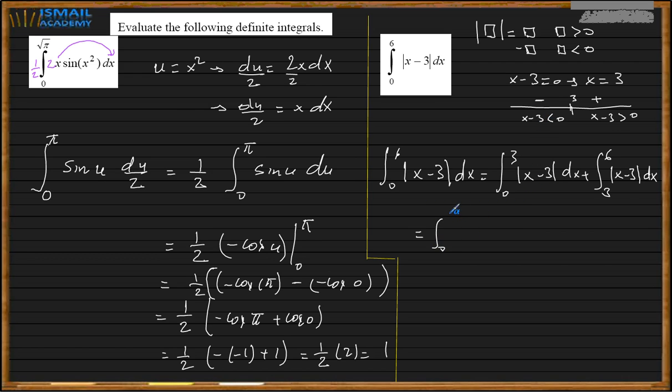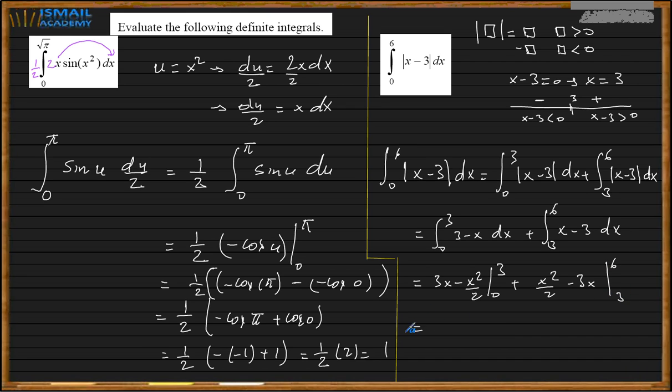So between 0 and 3, it's minus x minus 3, which is 3 minus x dx, and where it's positive, it's just x minus 3 dx. Now I integrate, so it's going to be 3x minus x squared over 2 between 0 and 3, plus x squared over 2 minus 3x between 3 and 6.